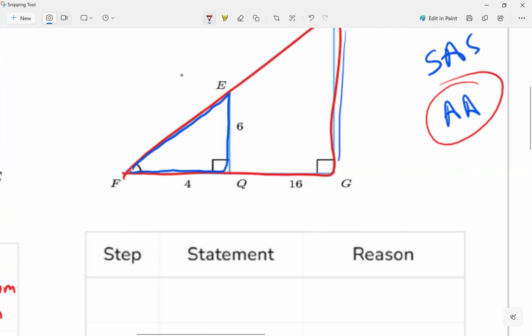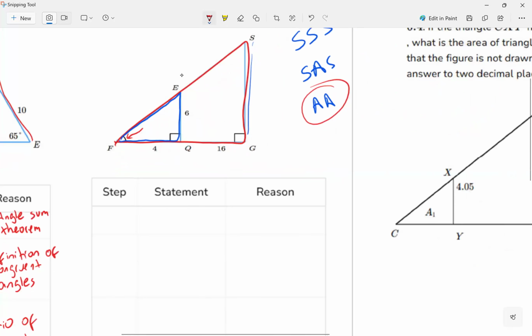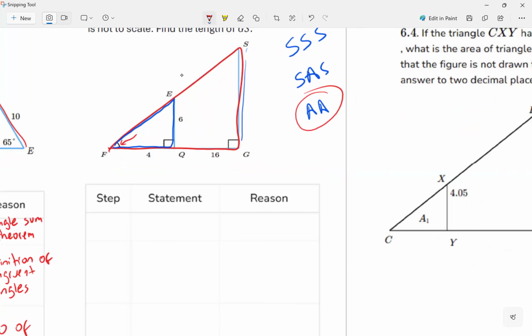First of all, I see corner F. It's used by both triangles, the little triangle and the big triangle. So let me use that. I'm going to say angle QFE is congruent to angle GFS.